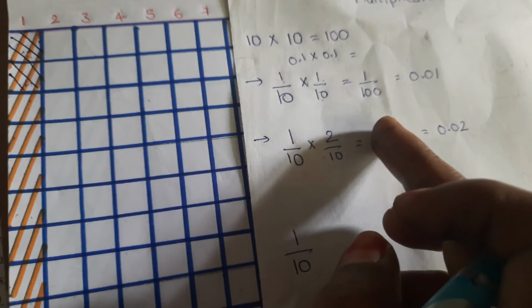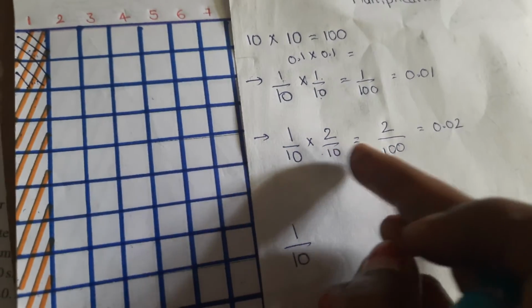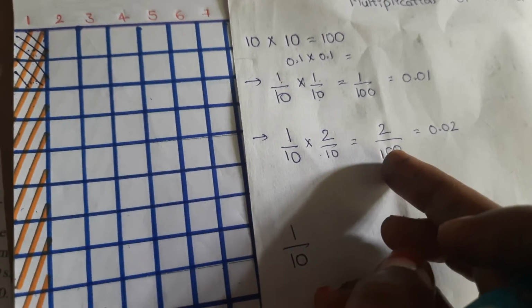Next, the combination of 1 by 10 out of these 10 and 2 by 10 out of these 10 is the multiplication of 1 by 10 into 2 by 10, which is equal to 1 into 2 is 2, by 10 into 10 is 100.